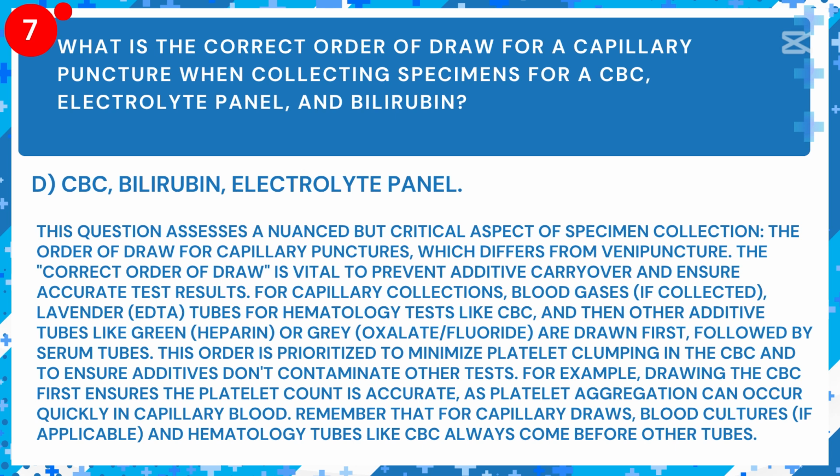For example, drawing the CBC first ensures the platelet count is accurate, as platelet aggregation can occur quickly in capillary blood. Remember that for capillary draws, blood cultures, if applicable, and hematology tubes like CBC always come before other tubes.